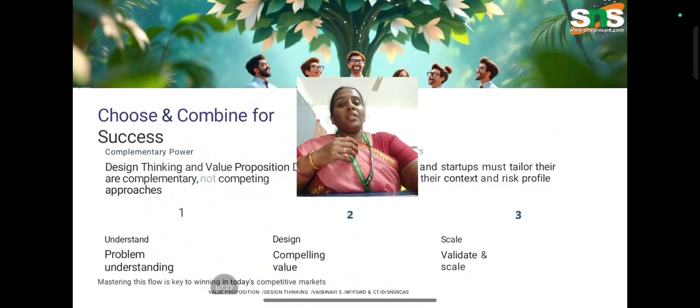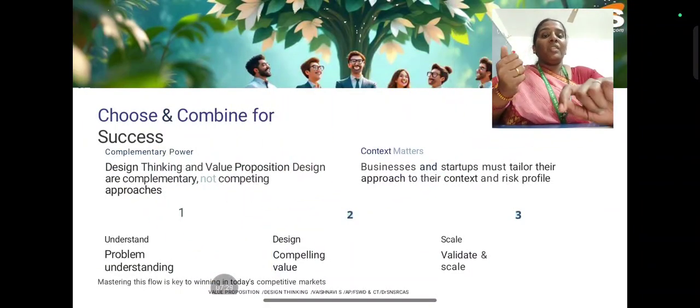So choosing and combining design thinking and value proposition are complementary and competing approaches. First is problem understanding, as we have seen, then competing value, and then validating at scale. So business and startup must tailor their approach to their context. So these are the 3 points.